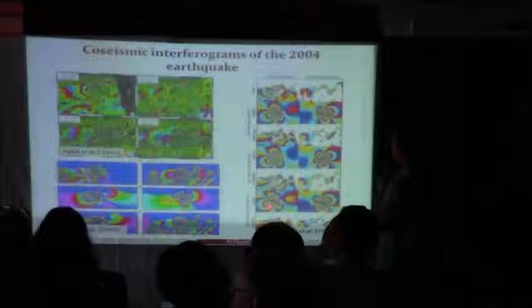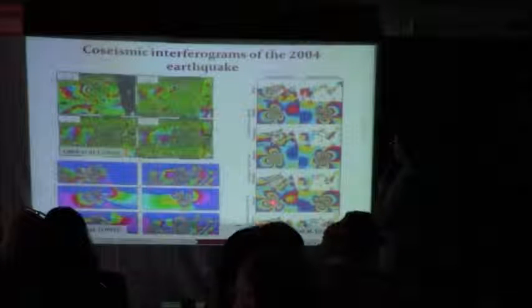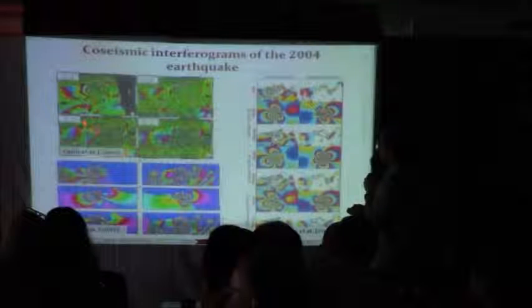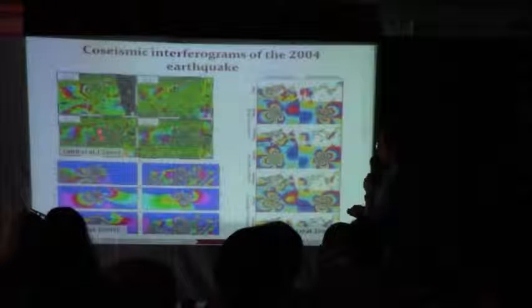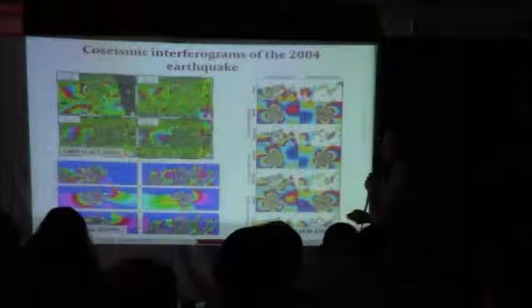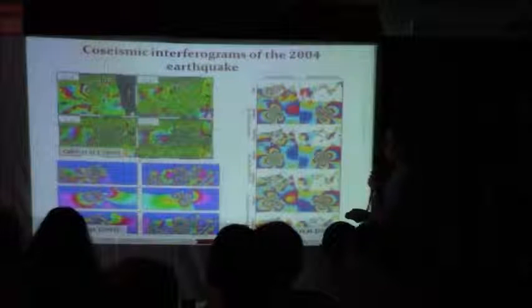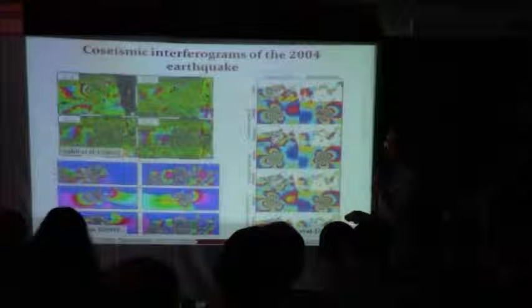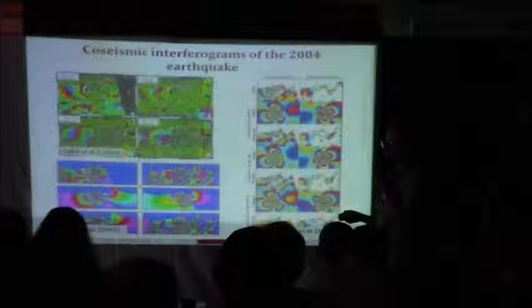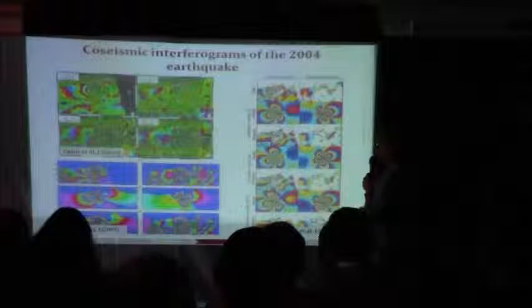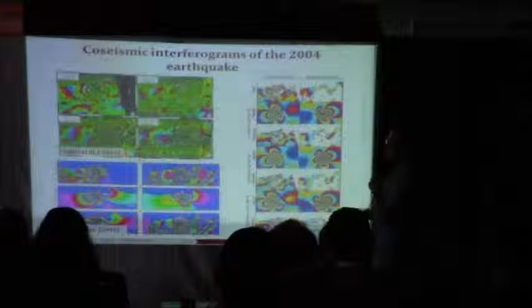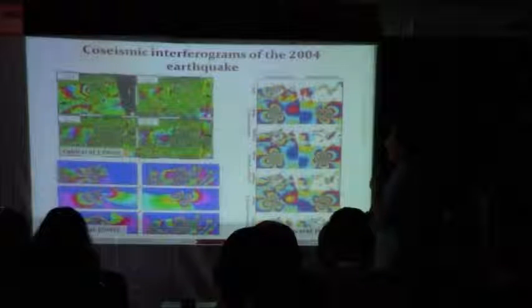And Biggs et al. suggested a linear fault. And Cakir et al. suggested a curved strike-slip fault. So if we are working on post-seismic deformation, we should have a reliable coseismic fault rupture model. That's why we needed to remodel the coseismic interferograms.